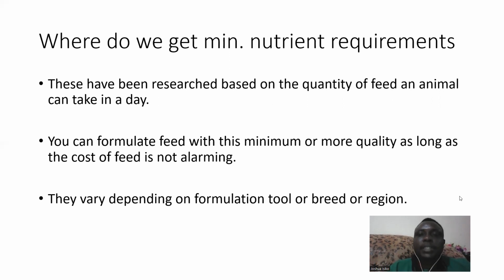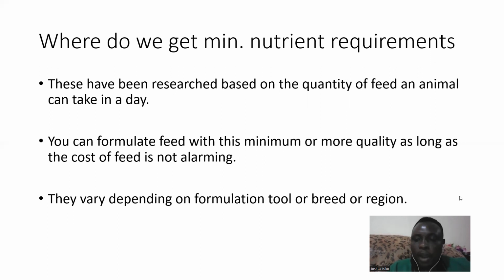Don't just assume. So any kind of quality of feed should translate into the ration, as we call it. How much does this animal eat a day? What portion will it eat of this quality in a day to meet the minimum nutrient requirements?